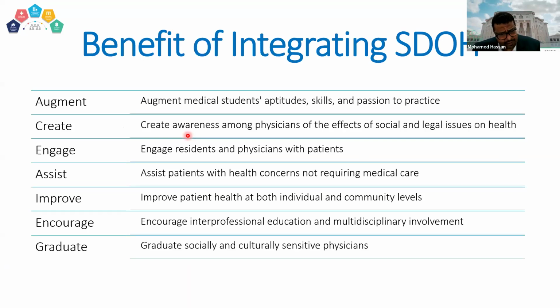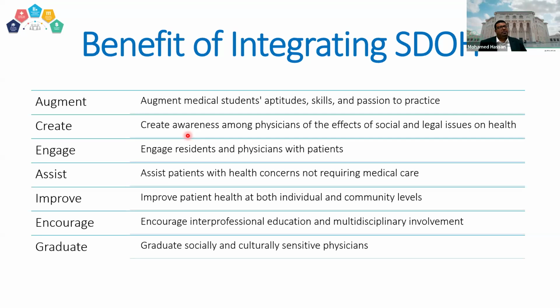So studies and literature identified a lot of benefits if we integrate social determinants of health into our curriculum. These benefits include, but are not limited to, augmenting our medical students with the skills, knowledge, attitude and passion to practice patient care delivery. It helps create awareness among physicians of the effect of social and legal issues on health. It helps engage residents and physicians with patients, considering the broad aspect of health.